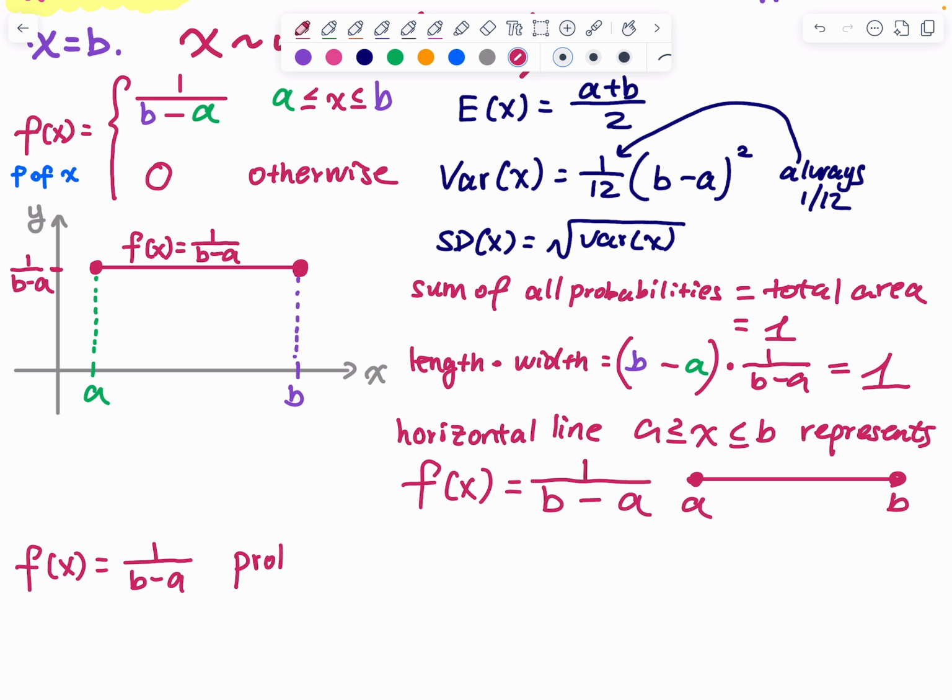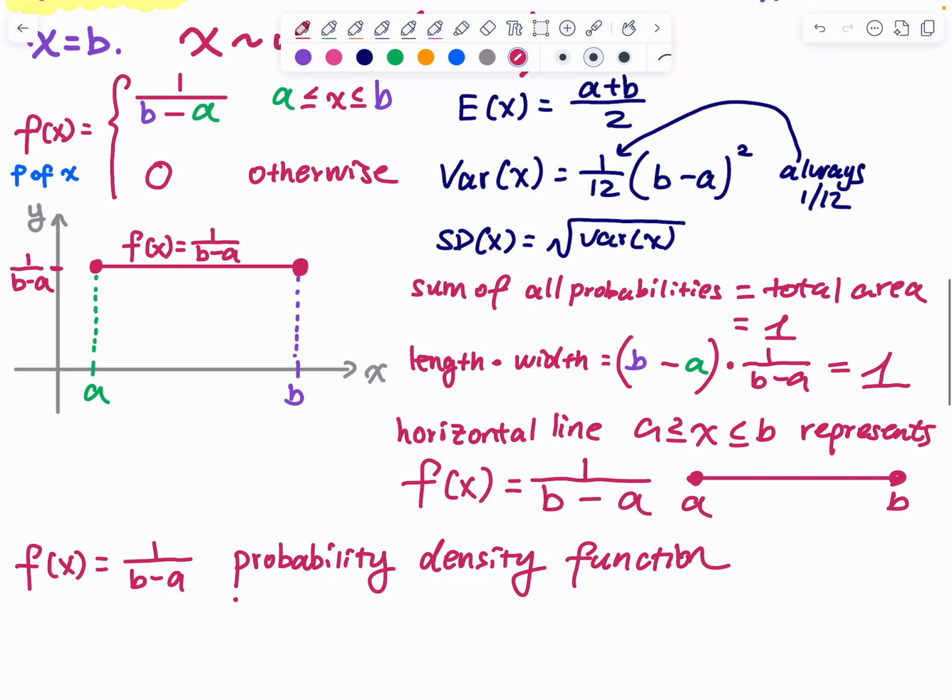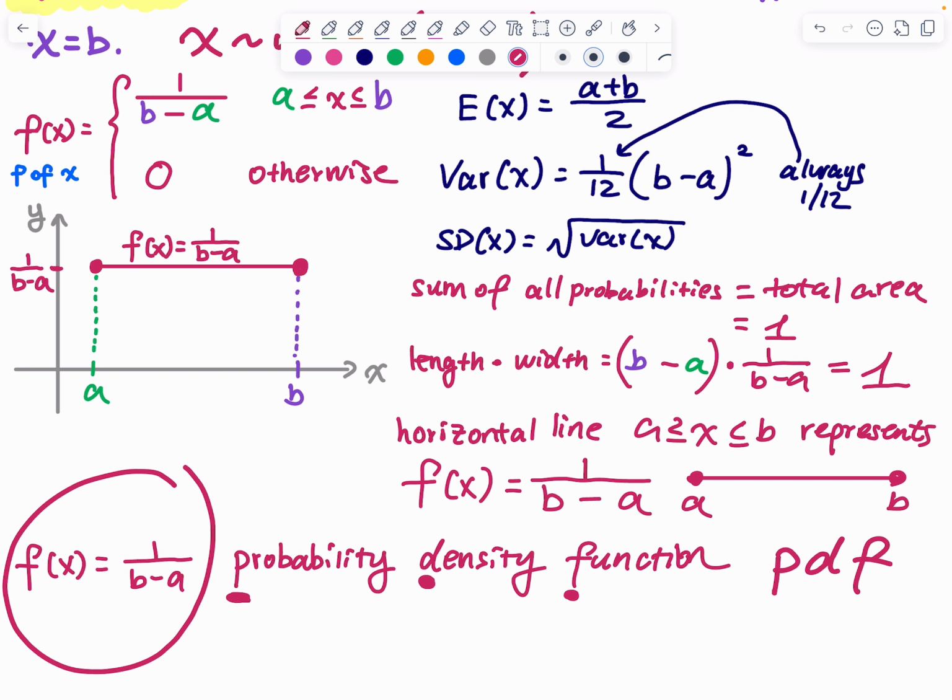This is called a probability density function. And then we are taking the P, the D, and the F. In short, we will just say PDF. So f of x equals 1 over B minus A is a PDF for the continuous random variable x that is between A and B.